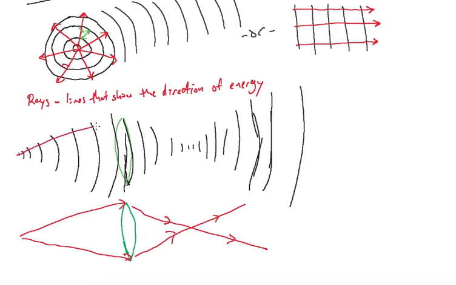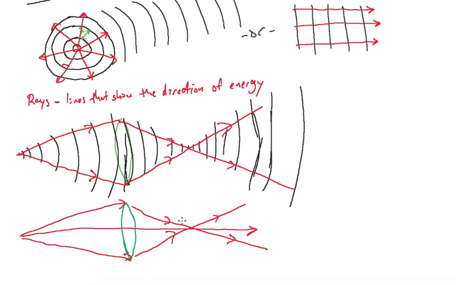I guess you can draw both in, but this is the direction that the light's going in, and of course I'm perpendicularly crossing all these wave fronts everywhere. Drawing just the ray diagrams in would be a lot simpler, and this would be just one going straight through, but it'd look something like that.